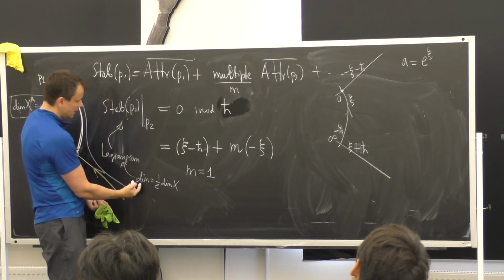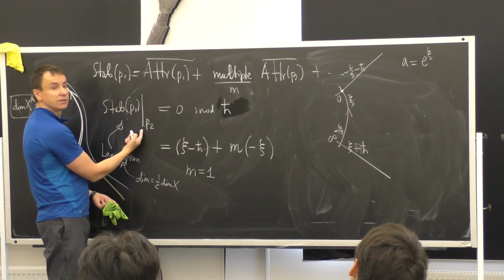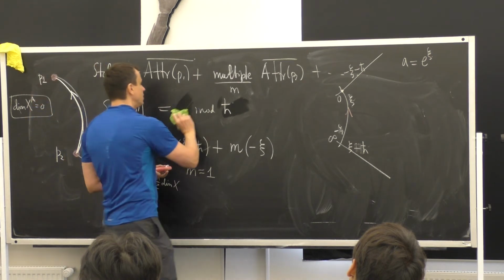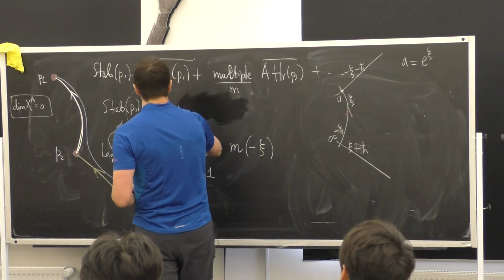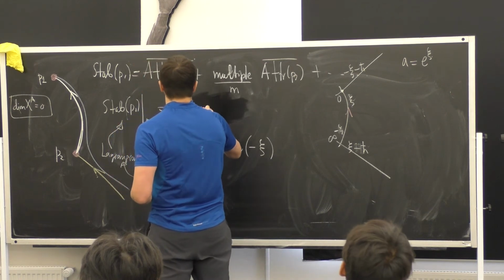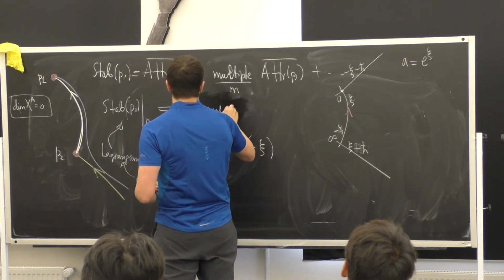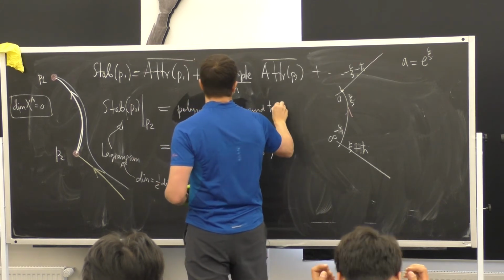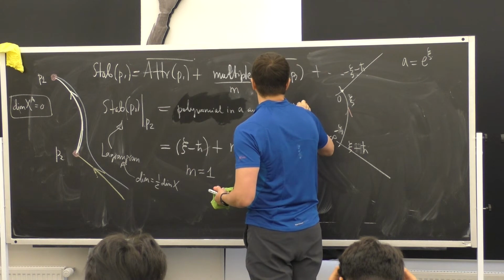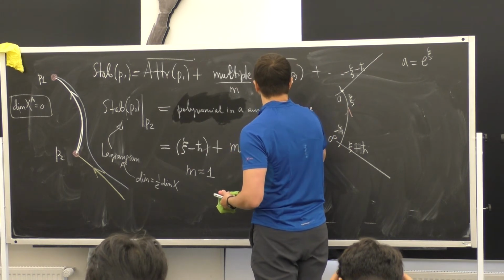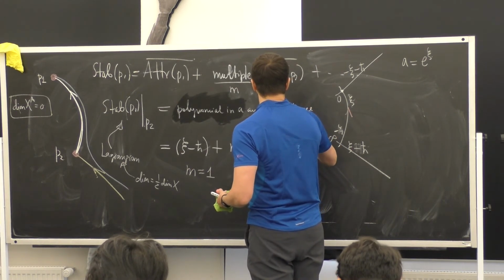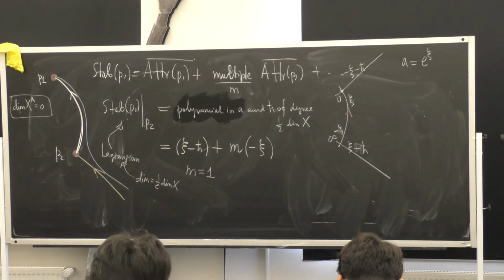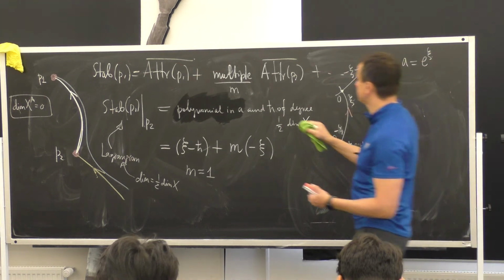So this means that the restriction of this to a point has to be a polynomial. So what we know is that it's a polynomial in psi and h bar of degree equal to half the dimension of X.